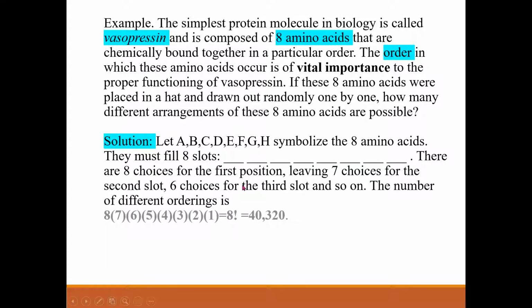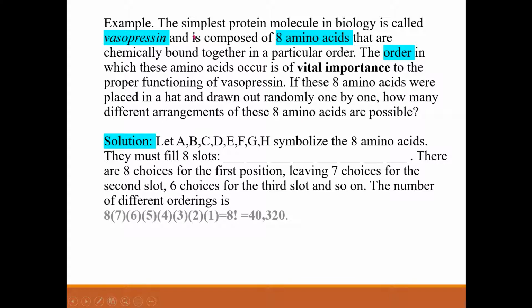Okay, so let's start with some simple examples for understanding how we can count the number of ways an experiment could be performed. Let's have an example from biology. The simplest protein molecule in biology is called vasopressin, and it is composed of 8 amino acids, right? And those amino acids are bonded together in a particular order. So order is quite important in this example.